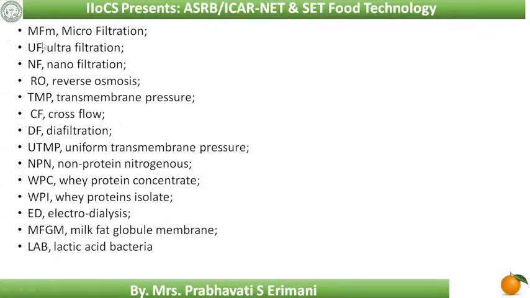Now we will understand the terms we will be using here. Just now I told you WPC, that is whey protein concentrate. WPI is whey protein isolate. Like this, MF is microfiltration, UF ultrafiltration, NF nanofiltration, RO reverse osmosis, TMP is transmembrane pressure, CF is cross flow, DF is diafiltration, UTMP is uniform transmembrane pressure, NPN is non-protein nitrogen.